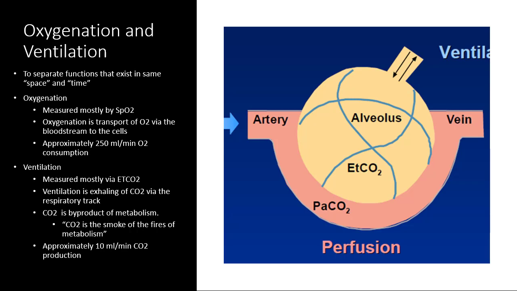That's not a lot, but we measure it. We measure it as we exhale it, and that's where End-Tidal CO2 comes in. So if we produce more, or I should say we have an accumulation of more, like in the case of hypoventilation, that will be reflected in our End-Tidal CO2.